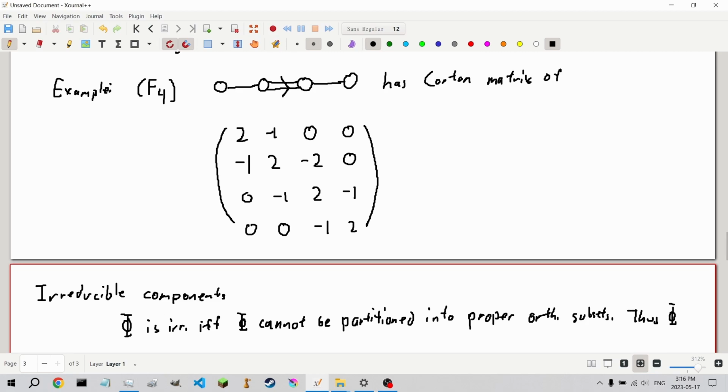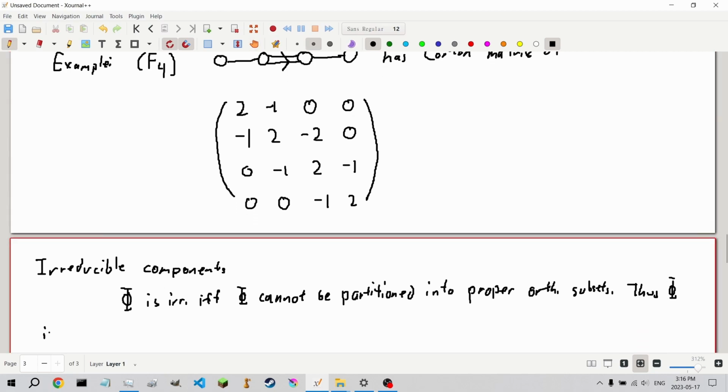Thus, phi is irreducible if and only if its Coxeter graph, and thus its Dynkin diagram, is connected.